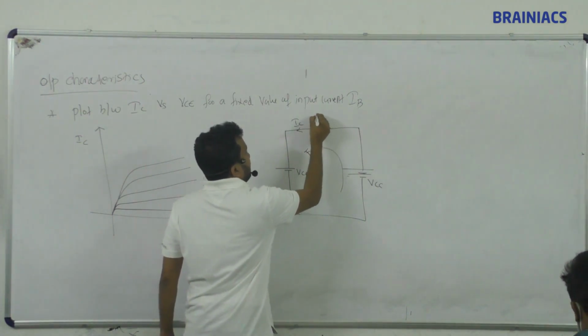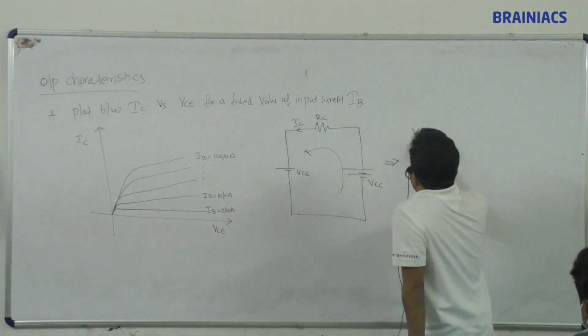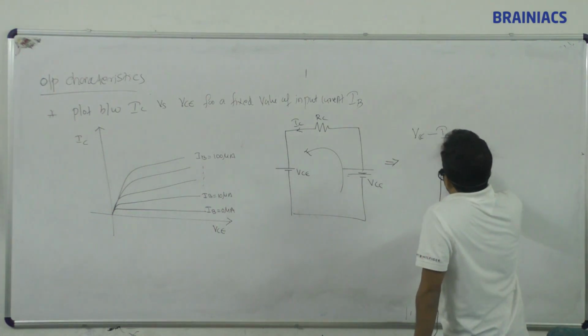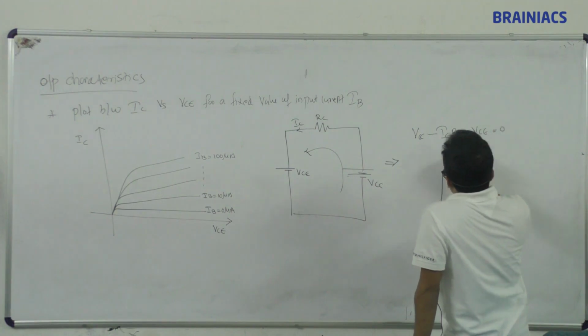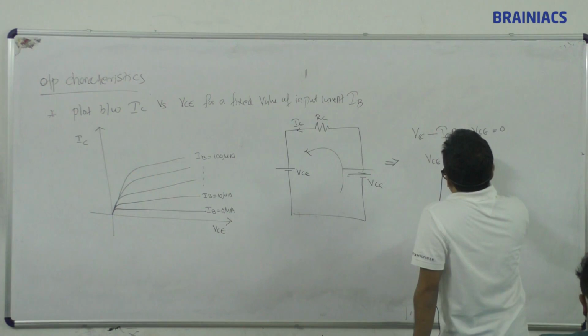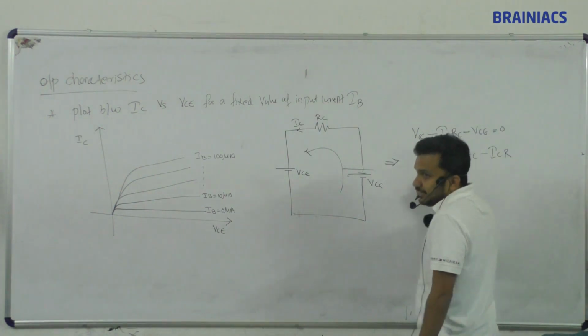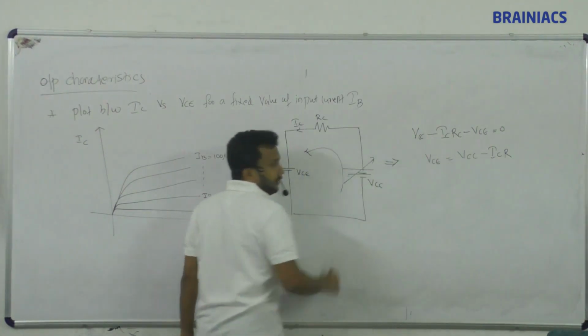This is IC and this is RC. KVL gives VCC minus IC RC minus VCE equals 0. So VCE equals what? To change VCE, what should I change? VCC. This is a variable.